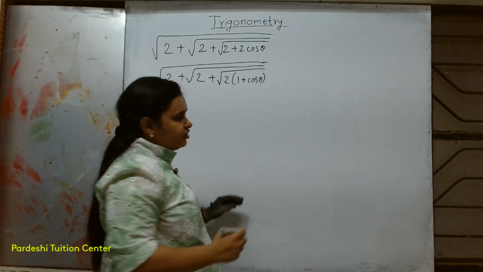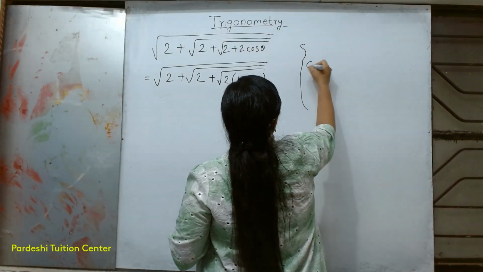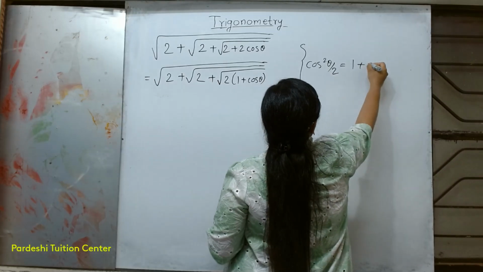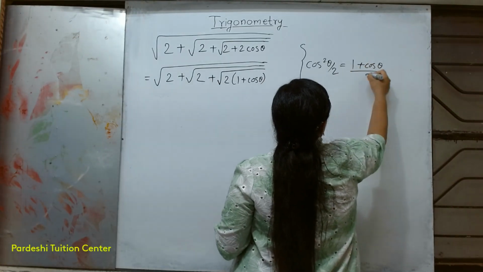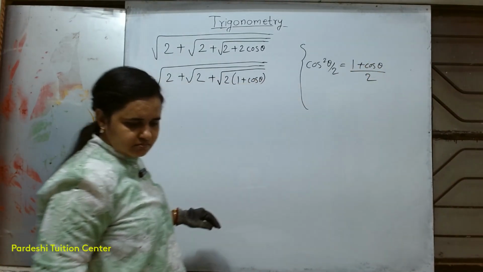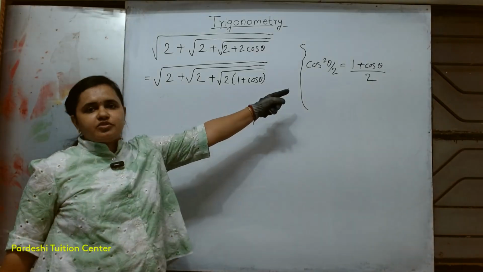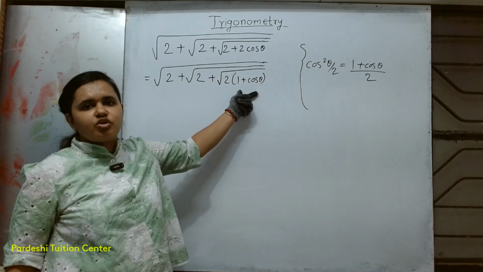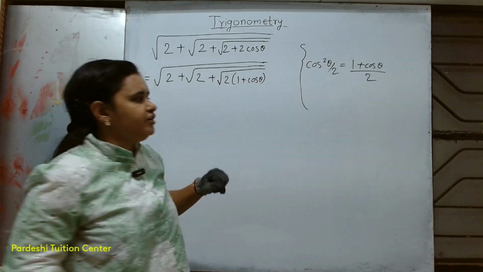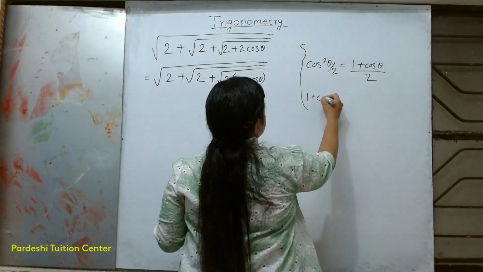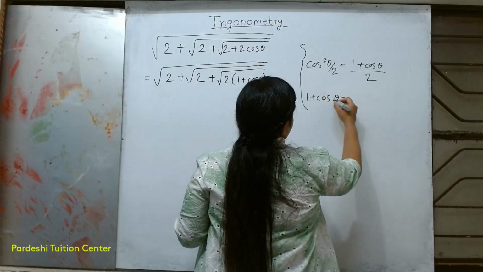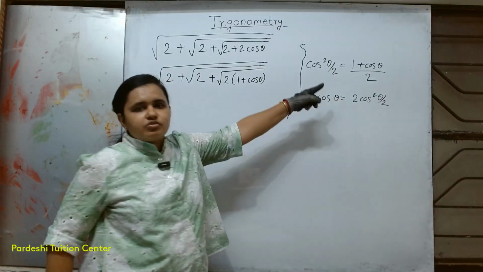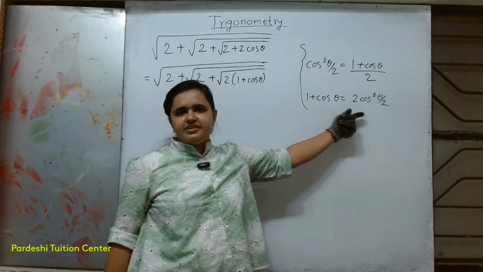So formula for cos square theta by 2 was 1 plus cos theta upon 2. Here it is 1 plus cos theta. So we can calculate the value from that. So 1 plus cos theta will be 2 cos square theta by 2. Okay. 1 plus cos theta will be 2 cos square theta by 2.